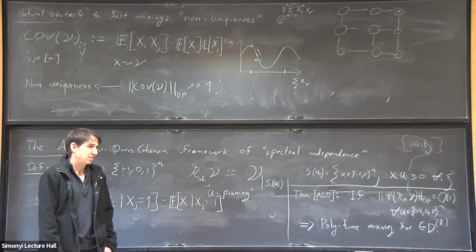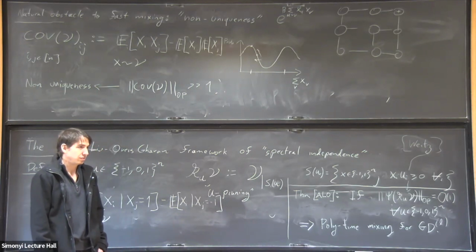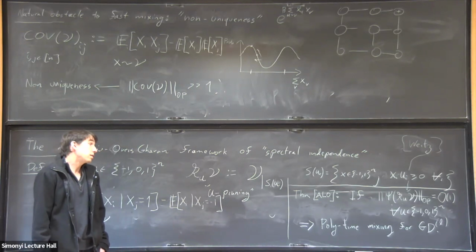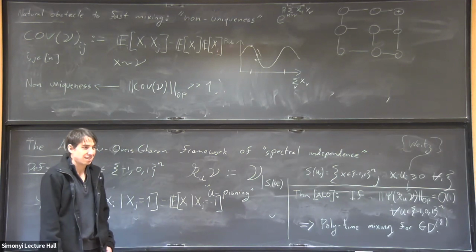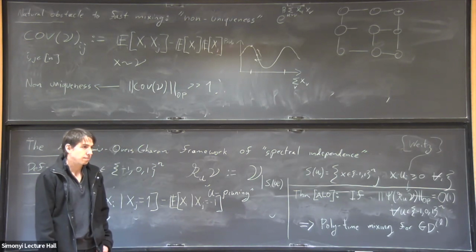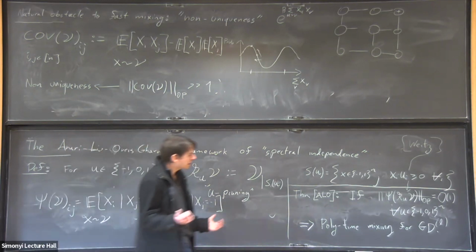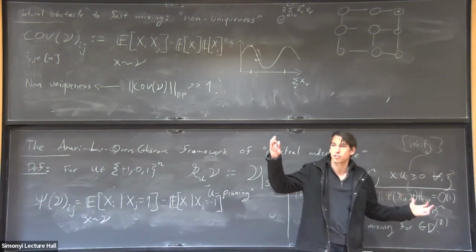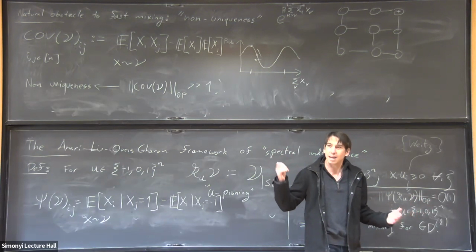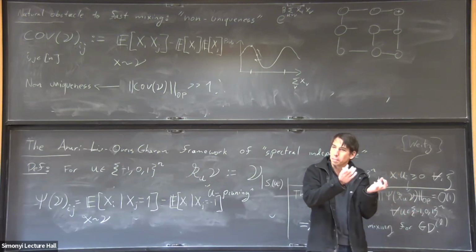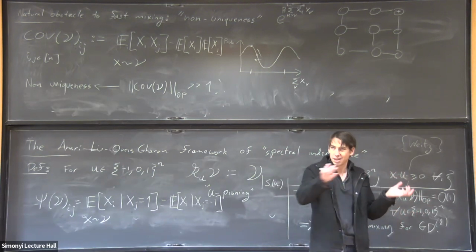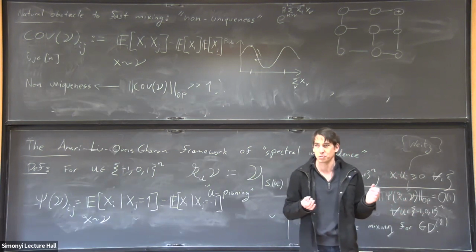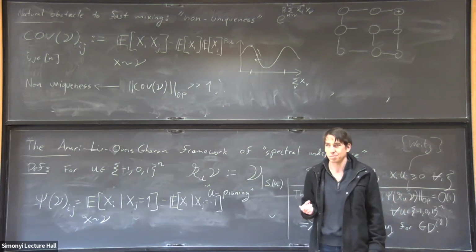Basically, the proof is inductive. If you think of these subsets, the proof is by induction on the size of the subset. But I think you can imagine that if you have a pinning with large operator norm, it's an obstacle to mixing locally.